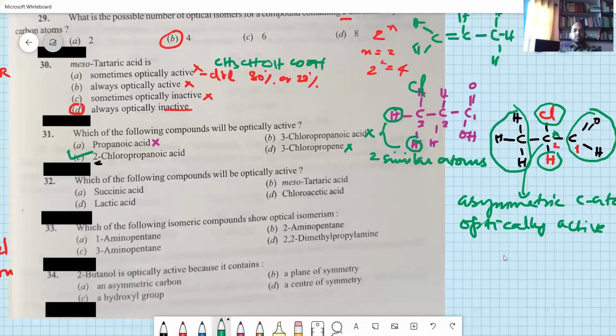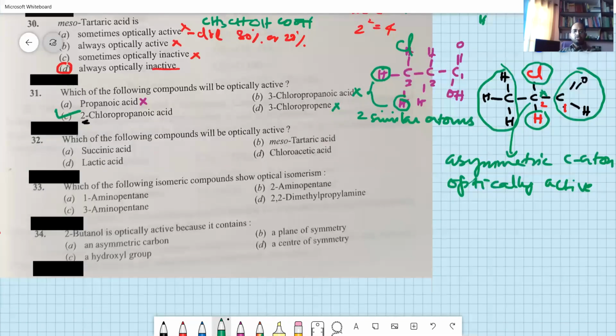And then quickly, a similar question is there. Which of the following compounds will be optically active? Succinic acid, isotartaric acid, lactic acid, and tartaric acid. Can you just guess which one is that? We have already seen lactic acid. Lactic acid is optically active, so this is the right answer.